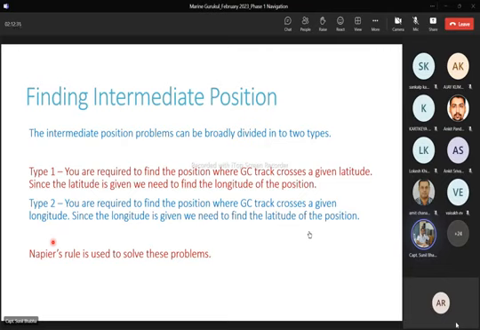In both these types, Napier's rule is used to solve. Napier's rule helps us calculate the intermediate position in both types of questions. So moving on to the next slide now, beta. We will see both type 1 and type 2, one by one.